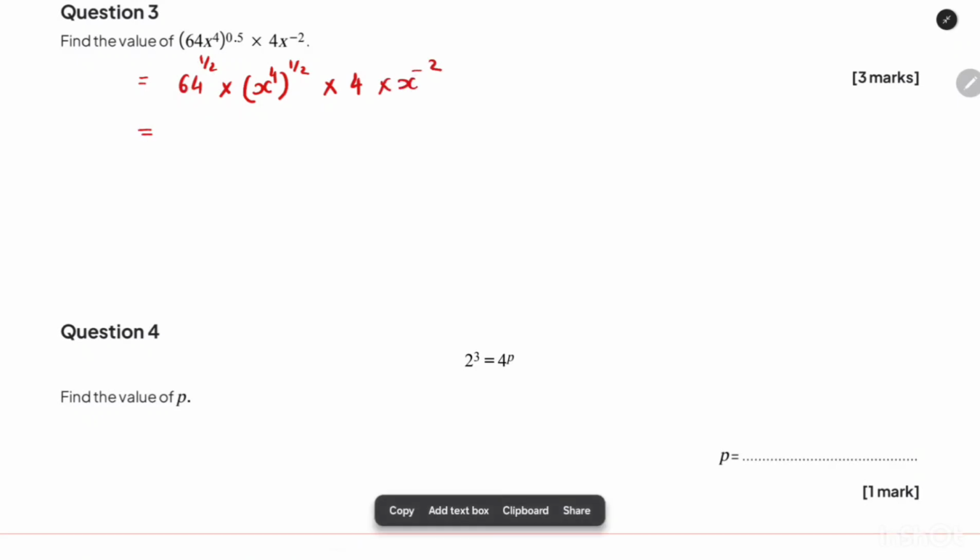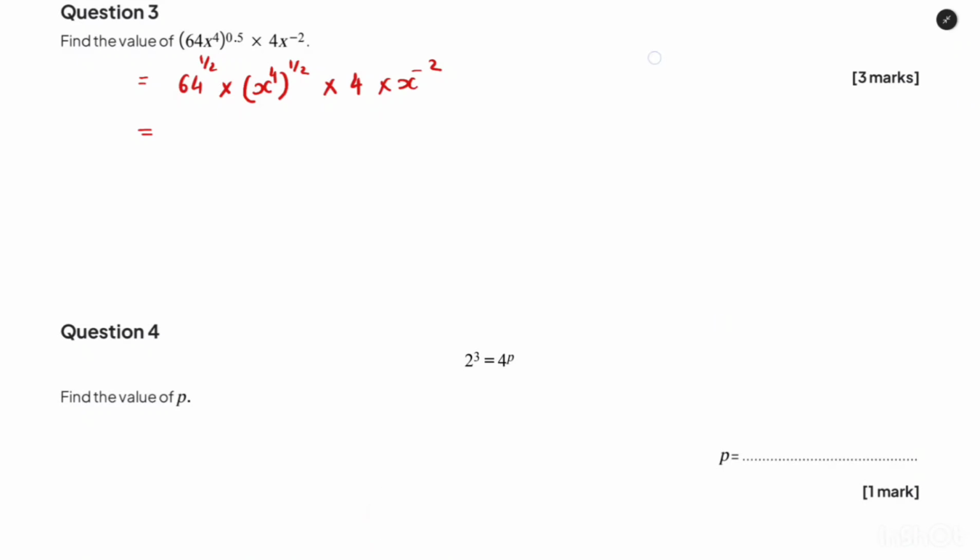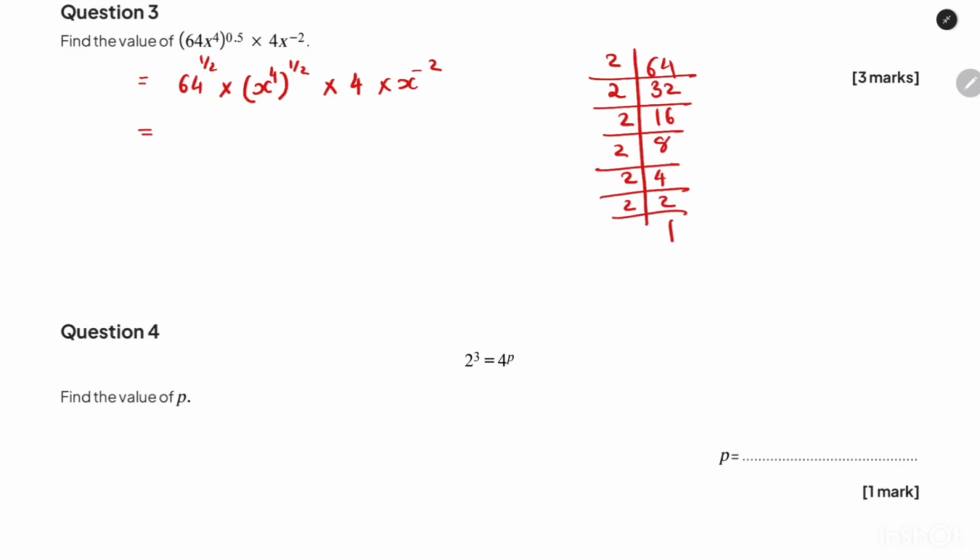Now 64 power 1 by 2, power is in fraction, do the prime factorization of base 64. 64 can be prime factorized like this, divided by 2 is 32, then 16, 8, 4, 2 and 1. So this is 2 raised to 6 only. So 2 raised to 6 power 1 by 2, x raised to 4 into half, which is x raised to 2, into 4 into x raised to minus 2.